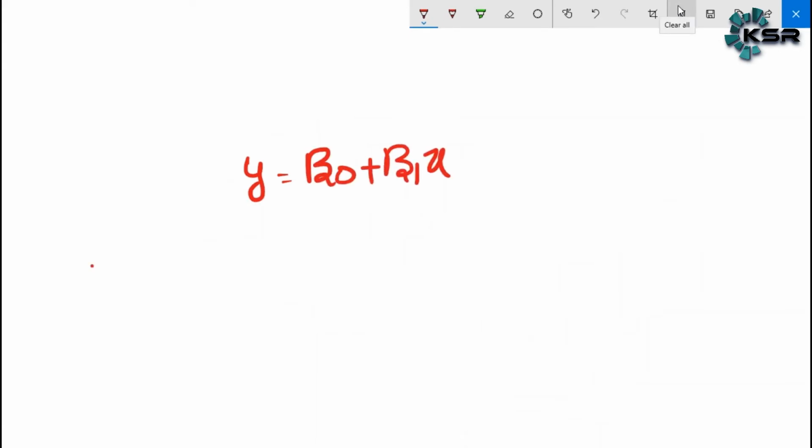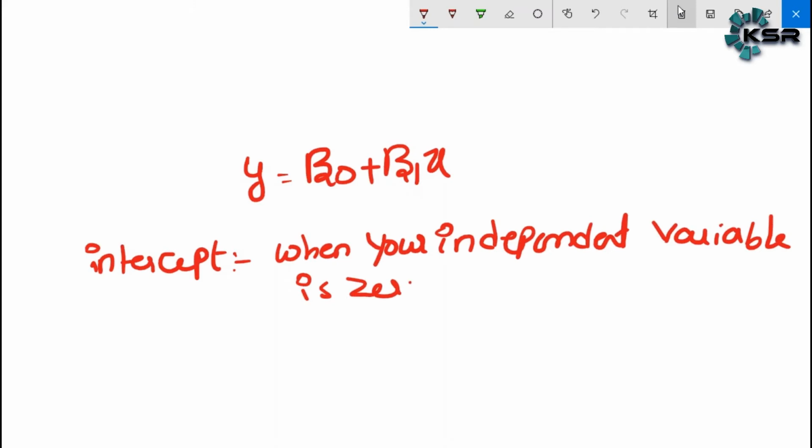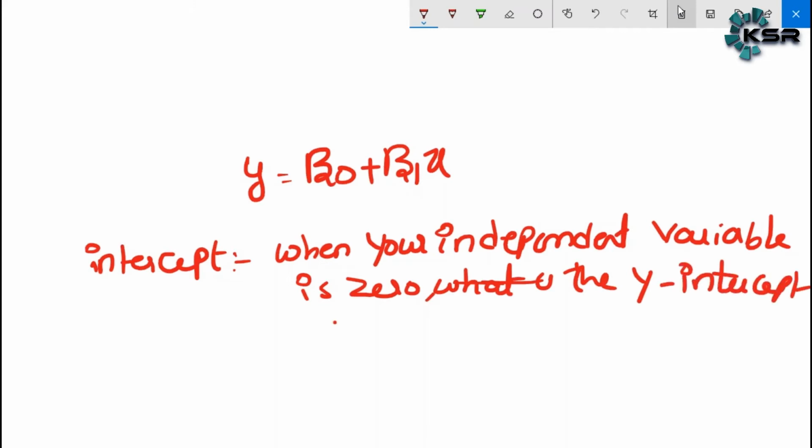What is the meaning of the intercept? When your independent variable is zero, the y value will be the intercept, right?